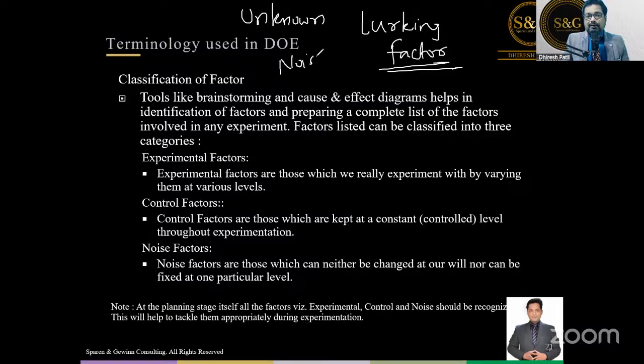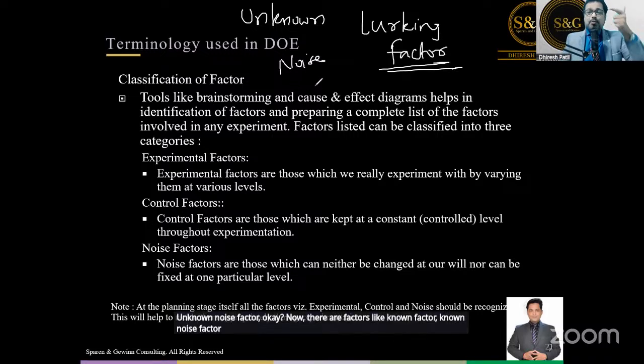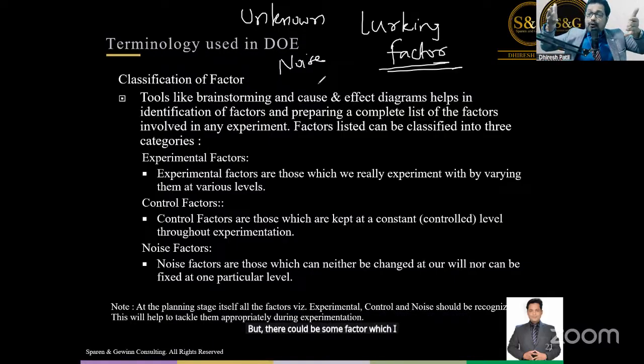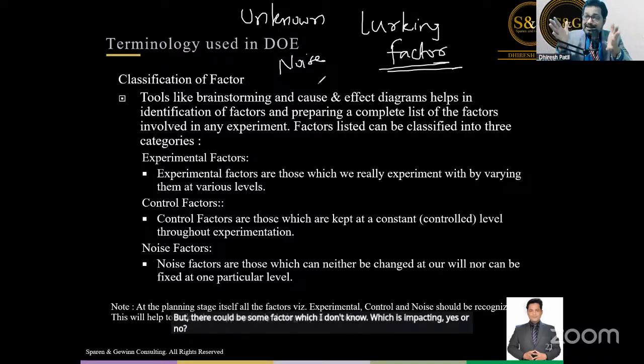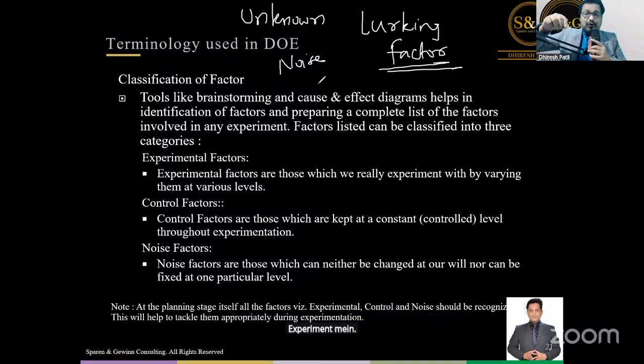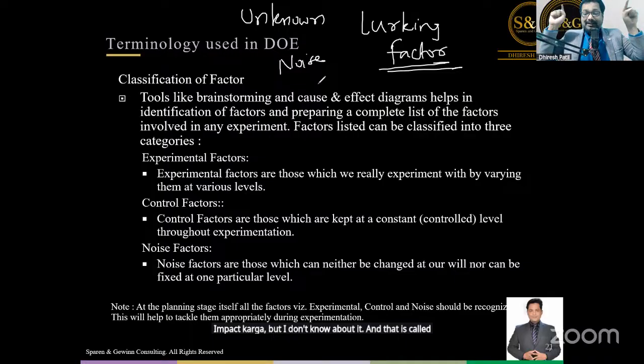Now, there are known noise factors, like temperature and humidity. But there could be some factor which I don't know, which is impacting. Yes or no? हो सकता है कि नहीं? मुझे पता नहीं है, एक्सपेरिमेंट में ऐसा भी एक फैक्टर होगा जो इस पे इम्पैक्ट करेगा, but I don't know about it, and that is called a lurking factor.